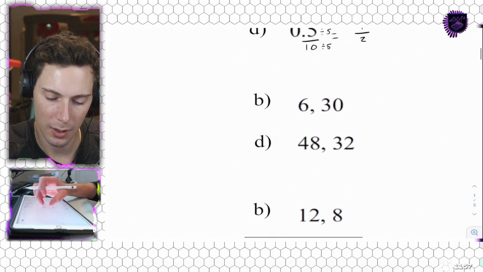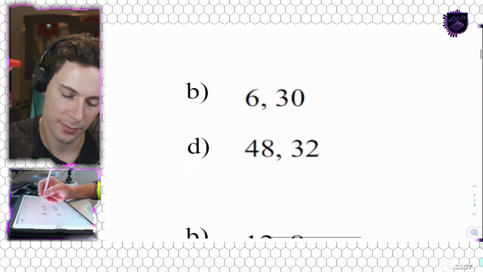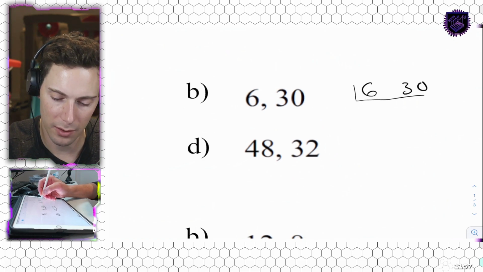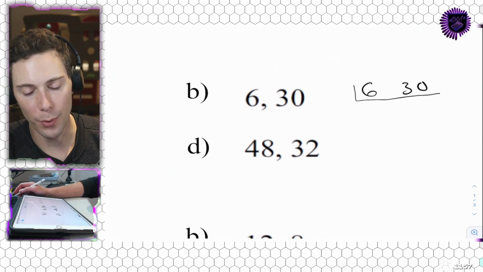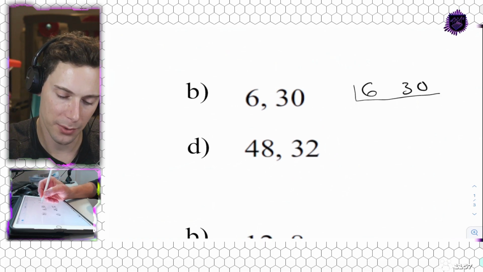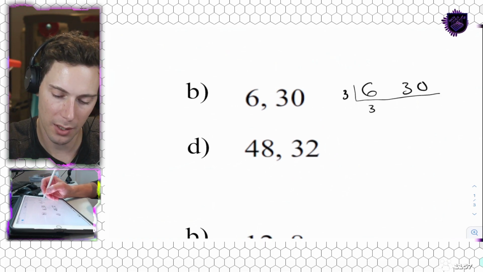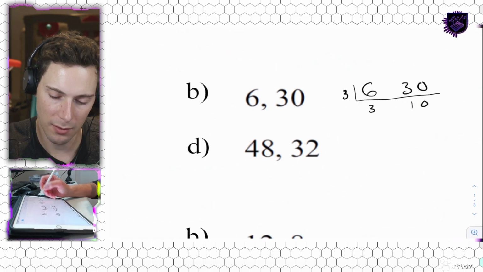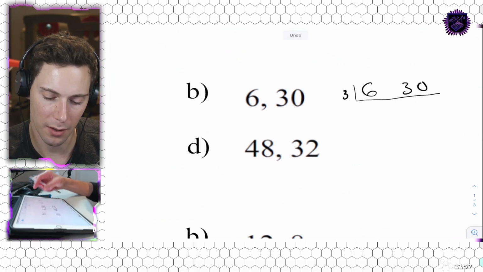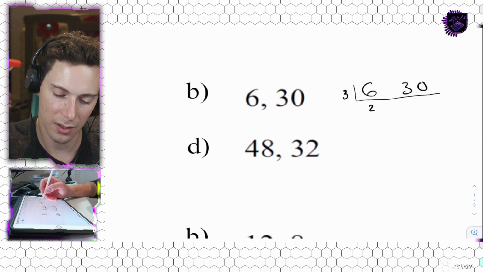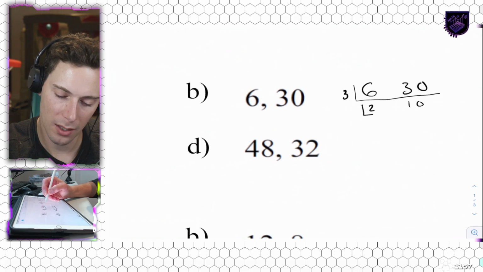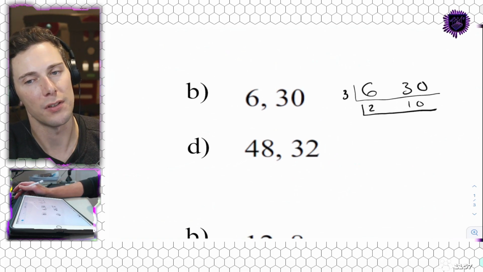3b, 6 and 30. So let's write 6 and 30, and look at these 2. The biggest number that goes into both of these numbers. Well, I know 3 goes into both of these numbers, so that's going to be 3 and 10. Oops, that's not right. Not 3 and 10. 2 goes into 6 twice and into 30 10 times. I'm seeing there's actually another number that will go into both of these numbers.